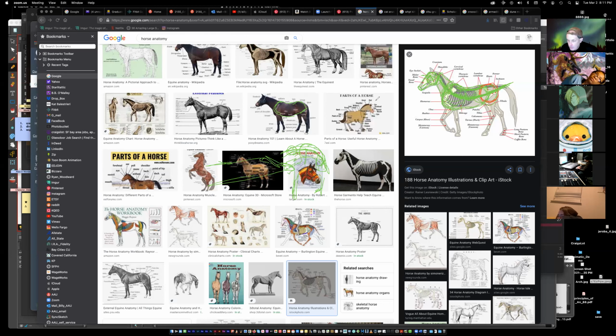A cat is easier to draw just because they can change their line of action from this to this. Cats are very flexible. You've seen all of the videos of them going through really small openings. Well, a horse's back is kind of stiff. So when you're drawing the horse, keep that line of action fairly stiff itself.